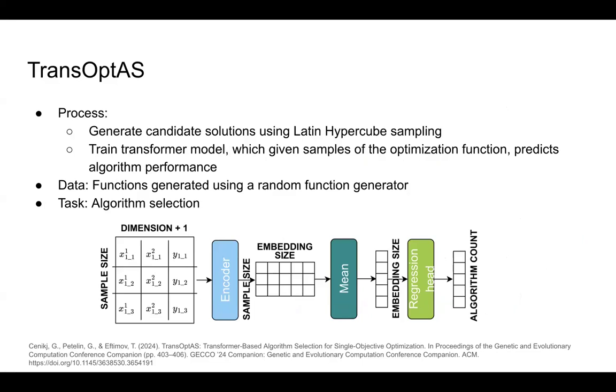And then you input it into the encoder layer of a transformer model. And on top, you have just one regression head, which predicts algorithm performance. So in this way, you're training features which are specific to an algorithm portfolio. So the learned representation is dependent on the algorithms for which you are predicting performance.